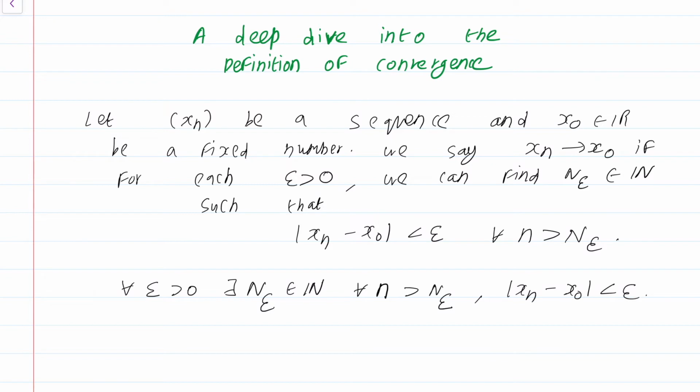So it is at this point that it might be a good idea to read this symbol as "for each." For each epsilon greater than 0, there is N_epsilon in N such that for all n greater than N_epsilon, |x_n - x_0| < epsilon.